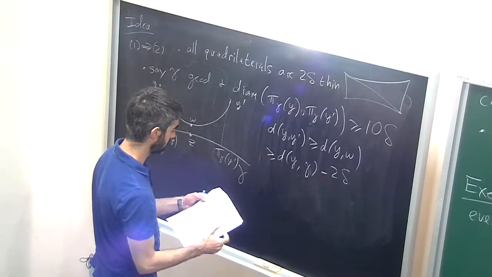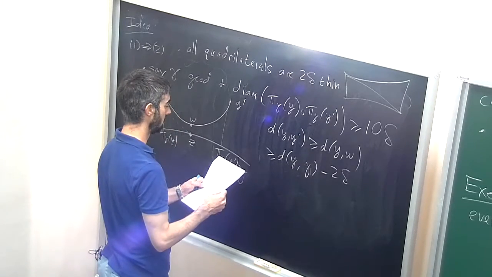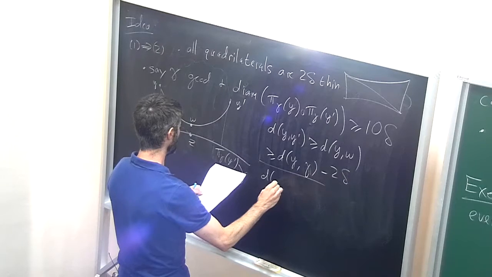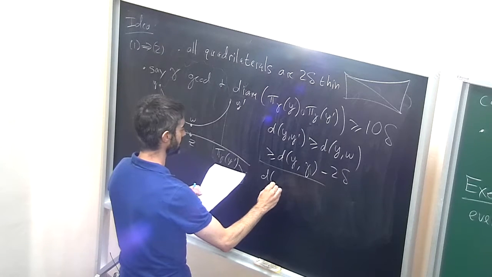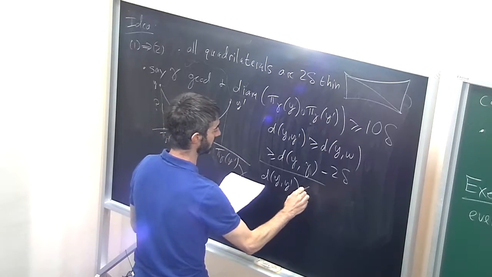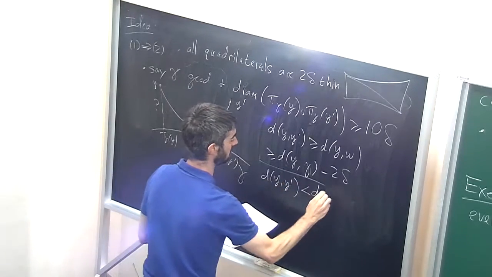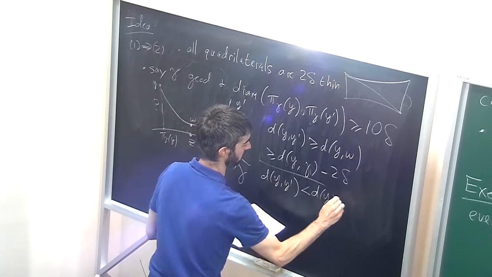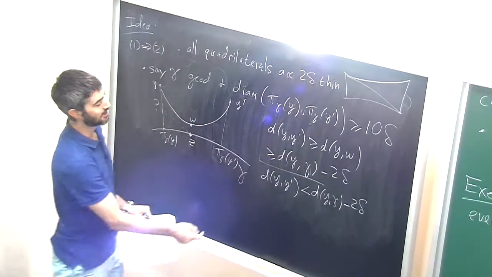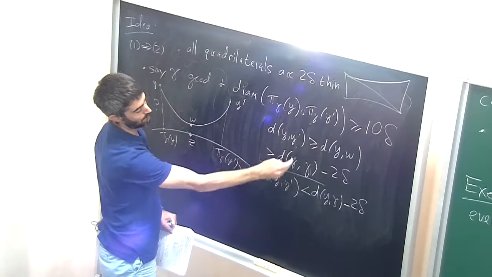So what did we see? That d(y, y prime), if it's less than this number, OK? So we concluded that y prime is bigger than this number.